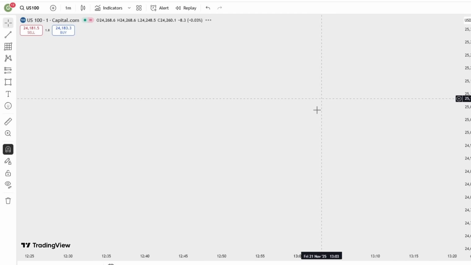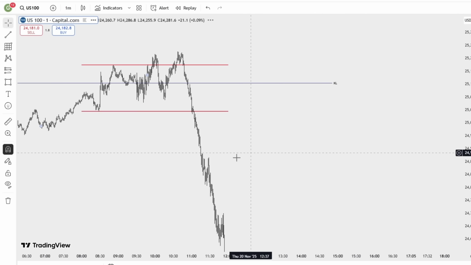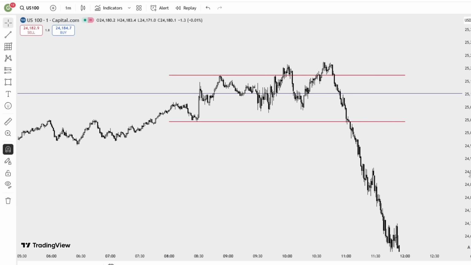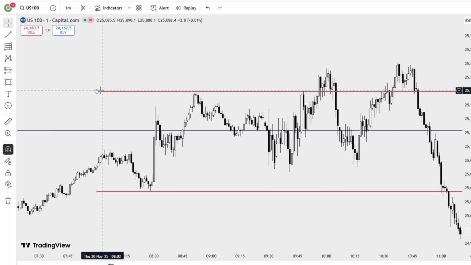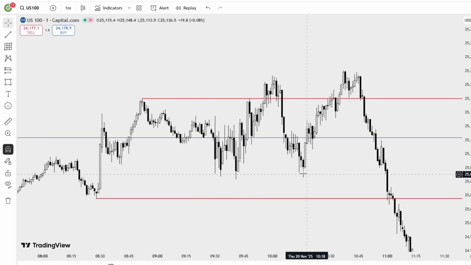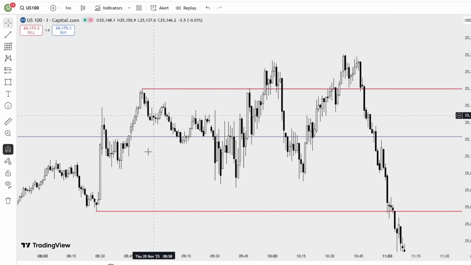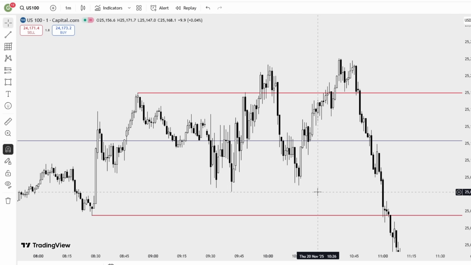So go down to 1 minute. Here we are. So the 8 a.m. candle, here. 8 a.m. high, 8 a.m. low. I had no need to write this for you guys. You guys are smart, you're going to see it, right? So key level, turtle soup, expecting price to push lower.